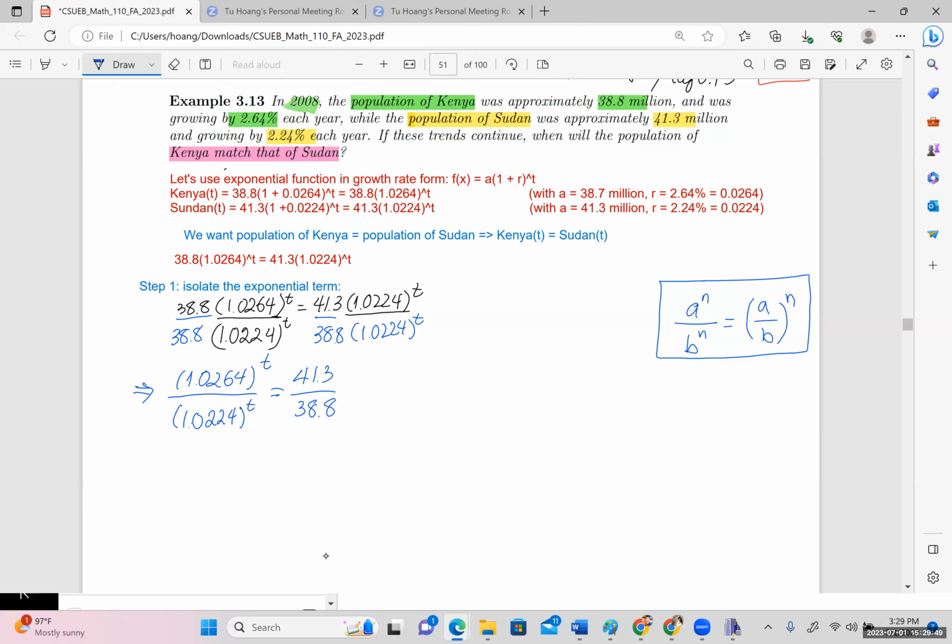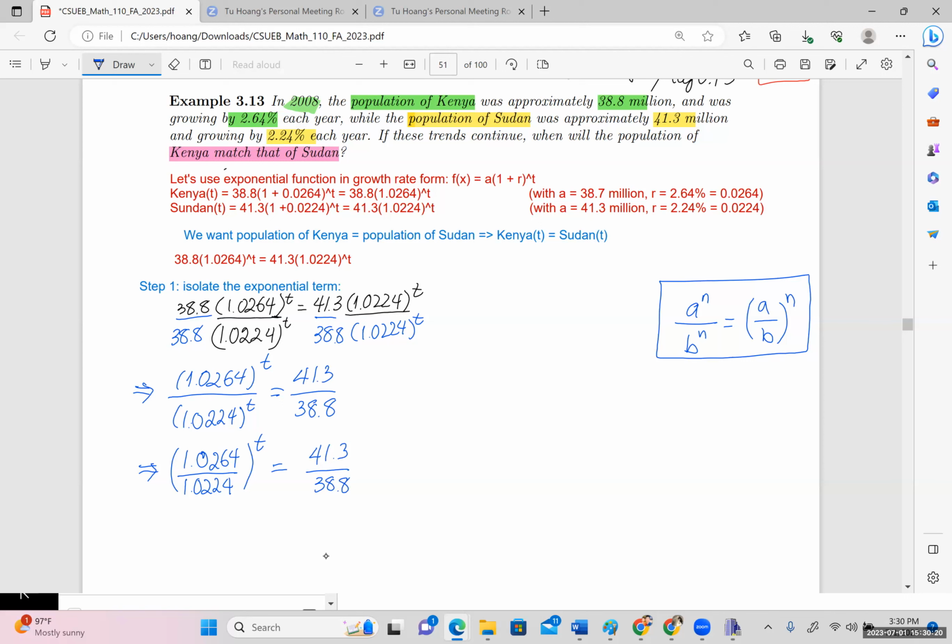Applying it to the left, we get 1.0264 divided by 1.0224 raised to t, equal to 41.3 divided by 38.8.